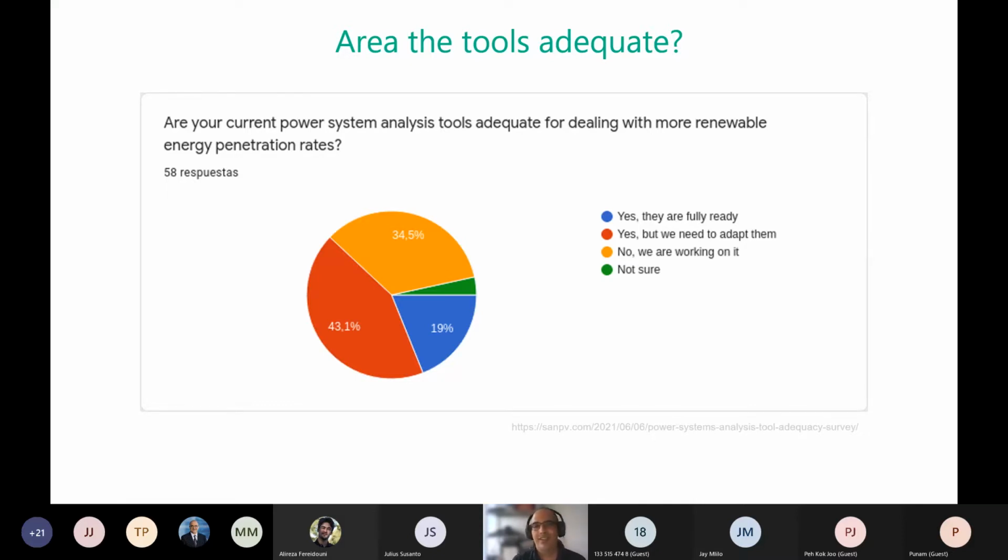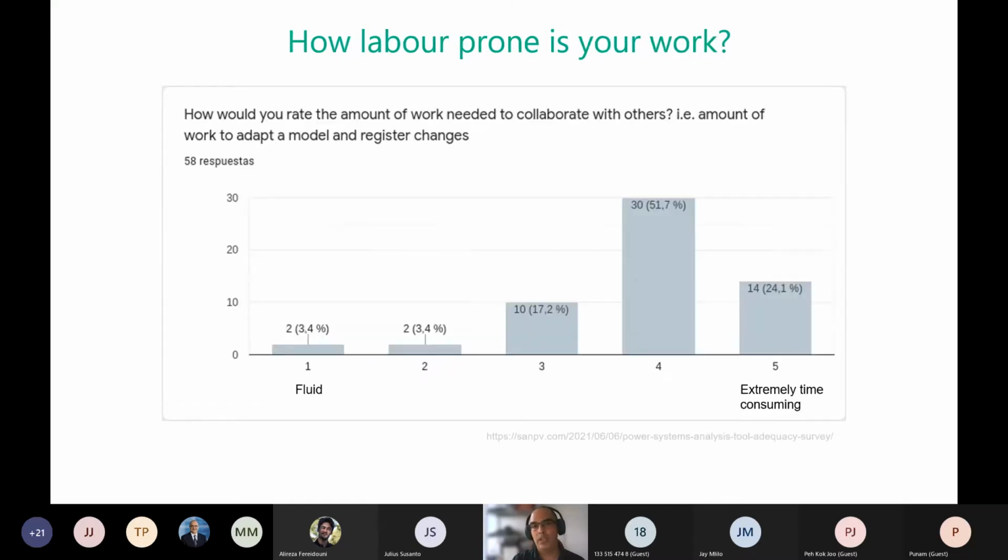If you read carefully, you see that the second and the third, so the yellow and red, are exactly the same answer, but from a positive and negative view. And it throws quite an interesting view, and that is, no, we are not ready. The tools are not ready, and we are doing something about it. And everyone is doing something different because everyone feels that the tools are not okay, at least for the challenge.